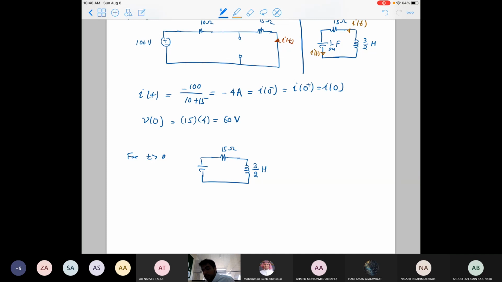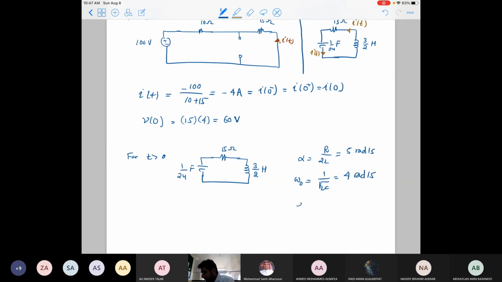First of all, I will note here that I have a series RLC circuit. So this implies that alpha is going to be R divided by 2L, and in this case, alpha is 5 radians per second. Omega naught is 1 over square root of LC, and if I do the calculation, I will get 4 radians per second.